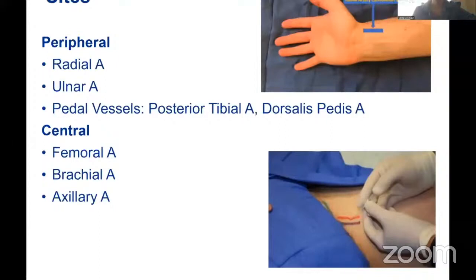This allows for suitable compression of the vessel if necessary. Whenever you're planning to put in central catheters, we need a slightly longer catheter due to their relatively deeper and more mobile anatomical locations. Clinicians should also be aware that there is a risk of cerebral embolism with these central vessels compared to the peripheral vessels.